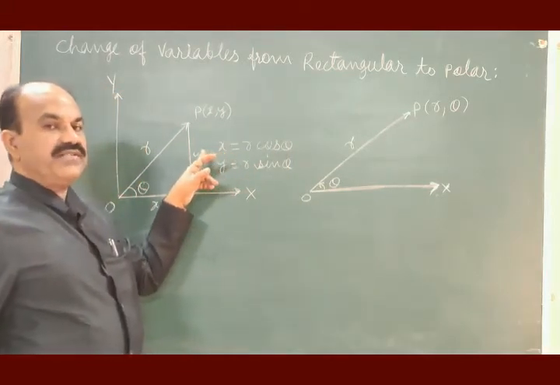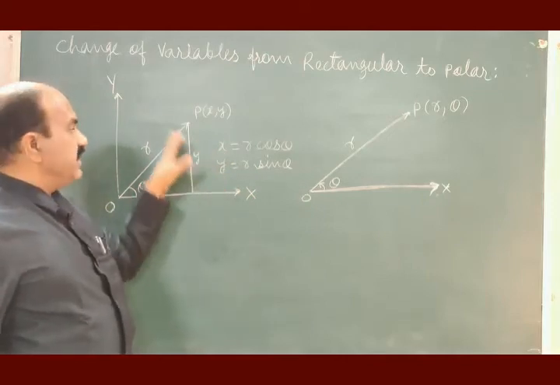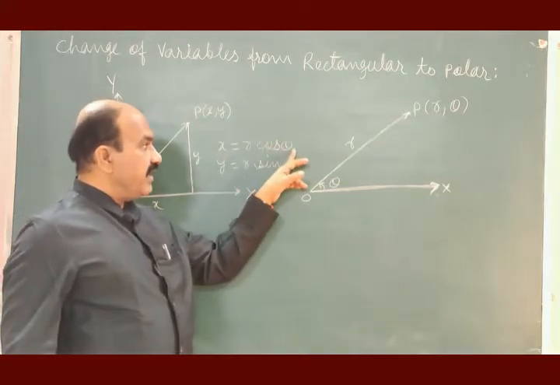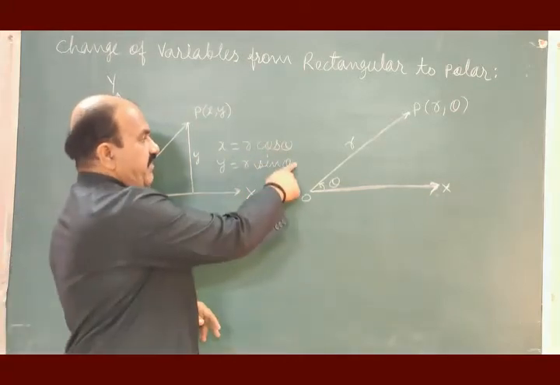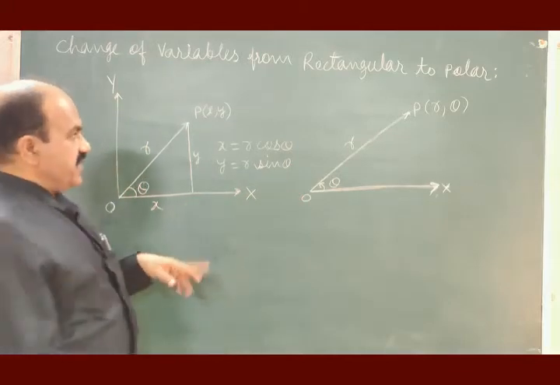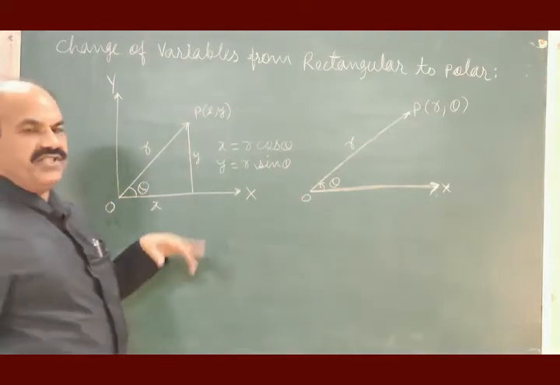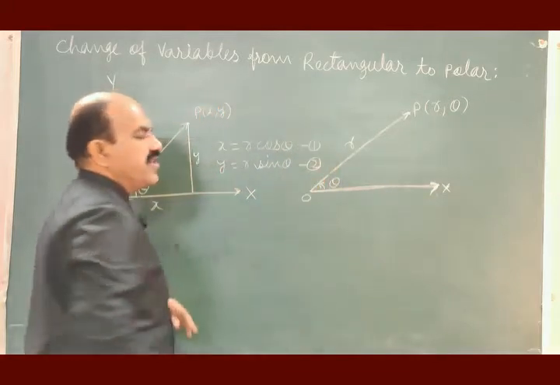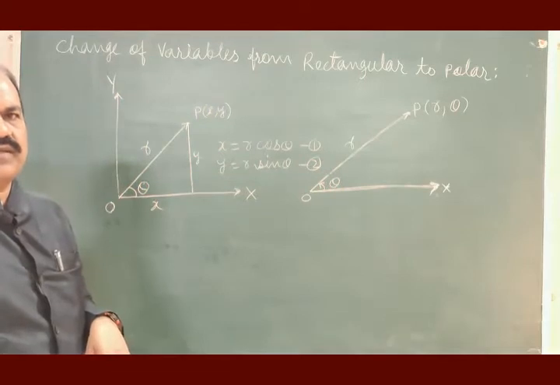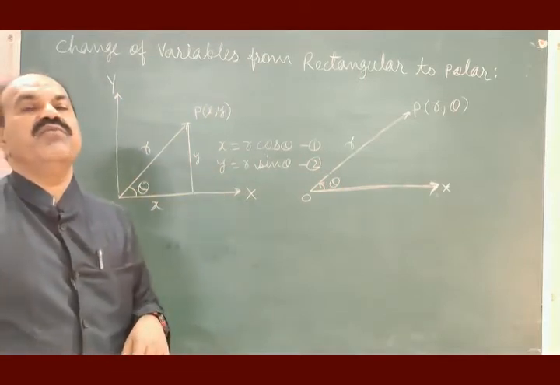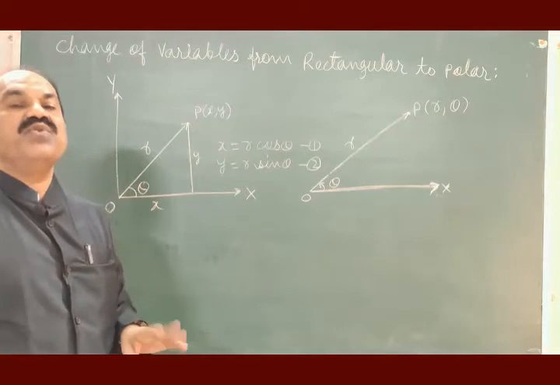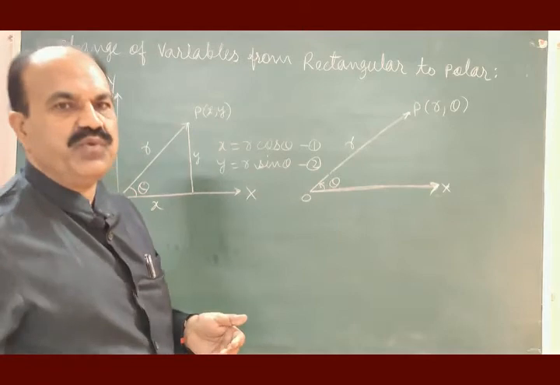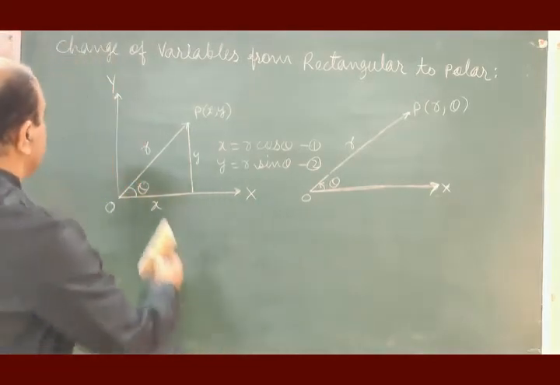X coordinate and y coordinate in Cartesian coordinate system in terms of polar coordinates are given by x is equal to r cos theta, y is equal to r sin theta, equation number 1, equation number 2. By making use of this, we want to change the variables from Cartesian coordinate system to polar coordinate system.